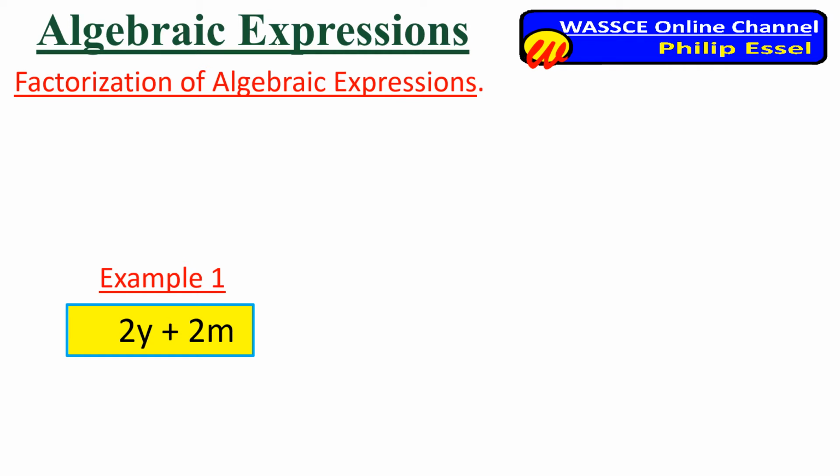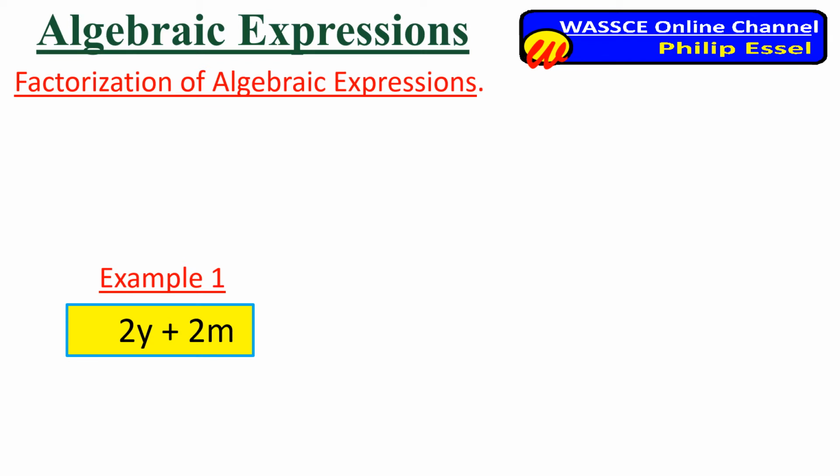We have the algebraic expression 2y plus 2m. This expression has two terms. The first term of this expression is 2y, and the second term of this expression is 2m. You realize that these two terms have something in common.